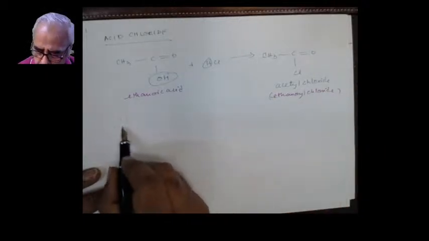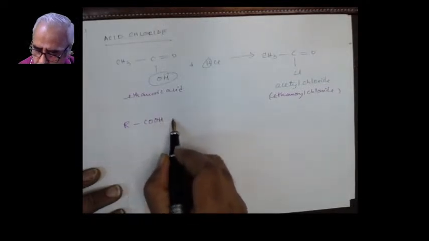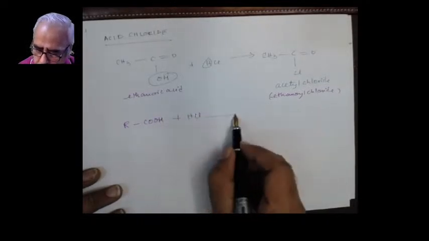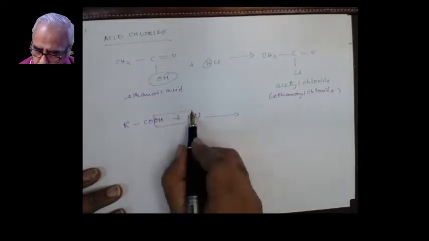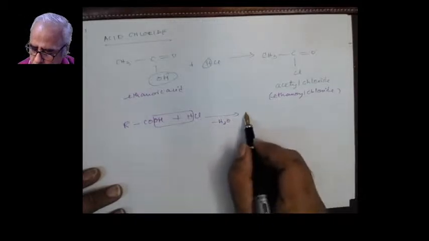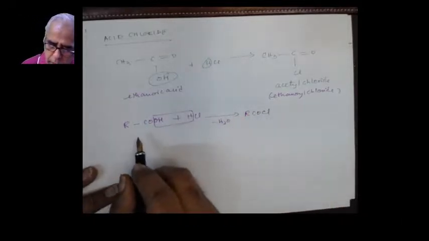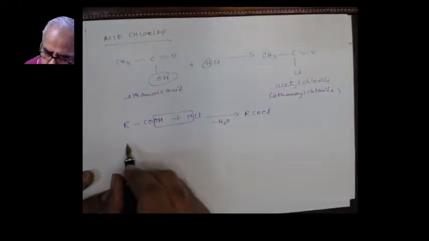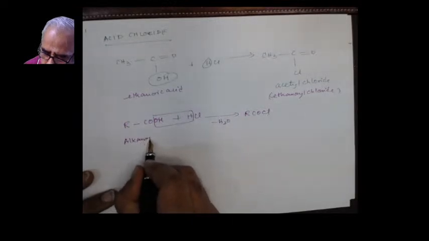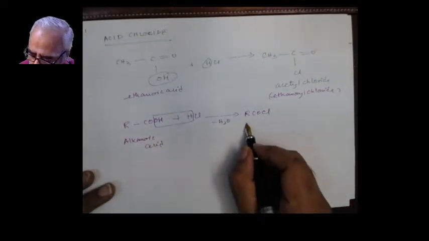Okay, for example, the general formula is RCOOH. From this, water is removed, so you are able to get RCOCl. So this is the general reaction. So this is alkanoic acid. And what is the general nomenclature for this?